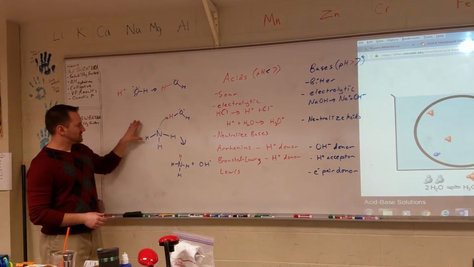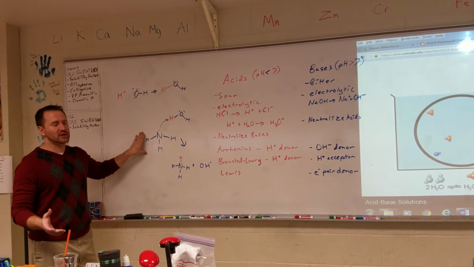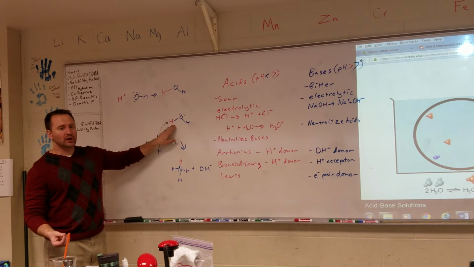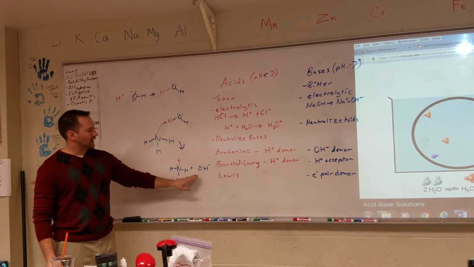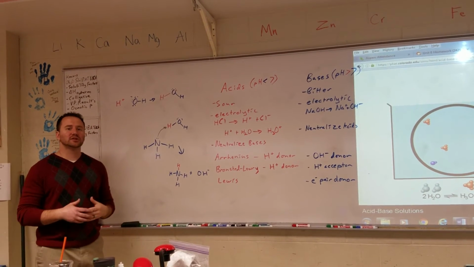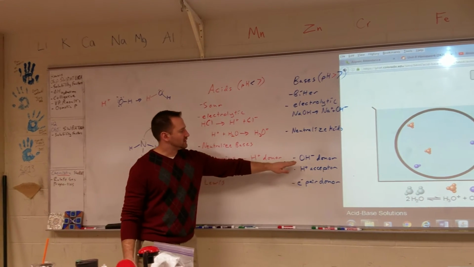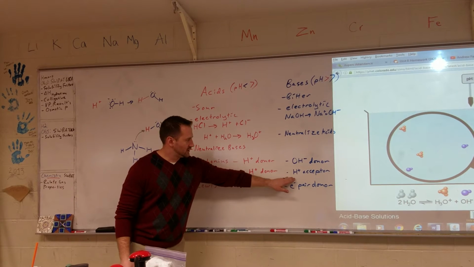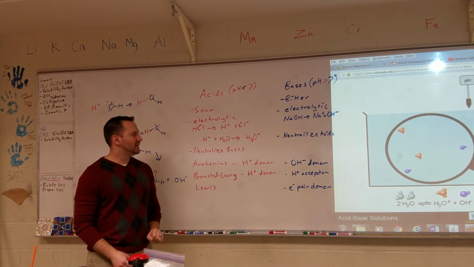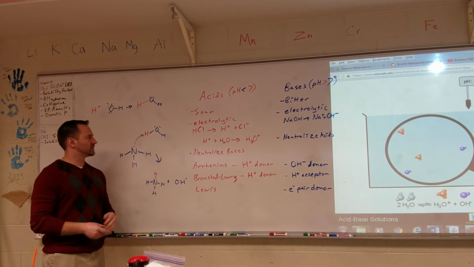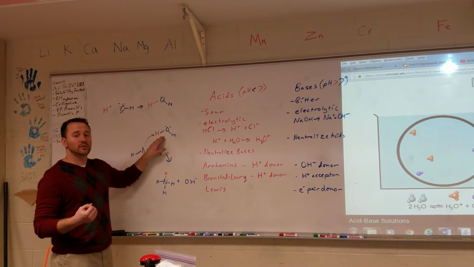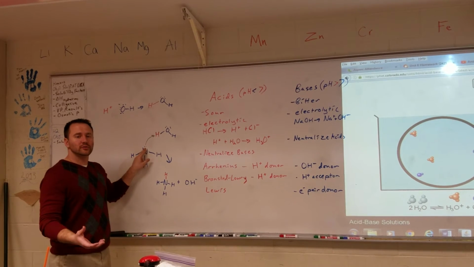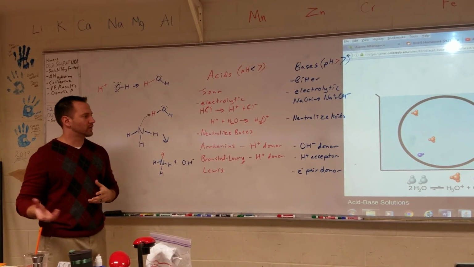Even though ammonia itself, NH3, does not contain a hydroxide, it is capable of accepting a hydrogen ion from water and then producing hydroxide ion in solution. So the definition has to be expanded a little more than just hydroxide donor. Now it's an H+ acceptor, as in the Bronsted-Lowry definition. And even further, there are many that don't necessarily interact exclusively with water, but are capable of donating their electron pair to another atom that has some slightly positive region.